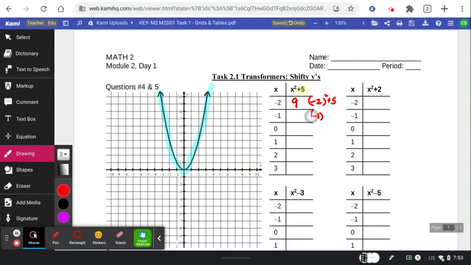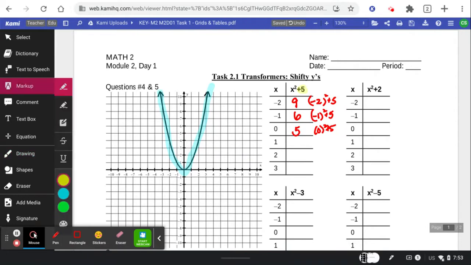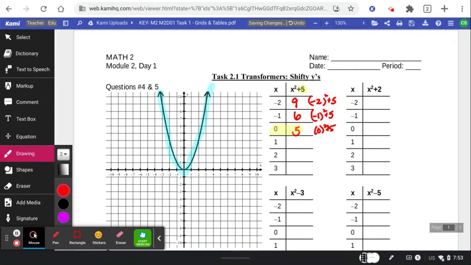Next, let's do the negative 1 squared plus 5. 1 times 1 is 1, plus 5 would make 6. 0 squared plus 5. 0 plus 5 would be 5. And notice this constant value right here. There's my 0 term. 1 squared plus 5. 1 plus 5 is 6. 2 squared plus 5 is 9. And 3 squared plus 5 is 14.